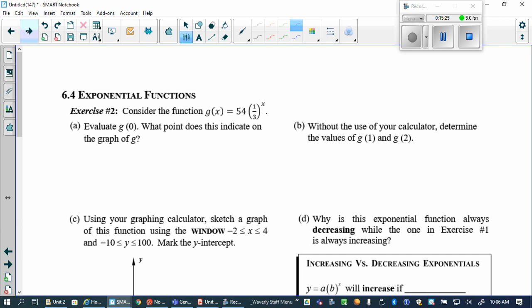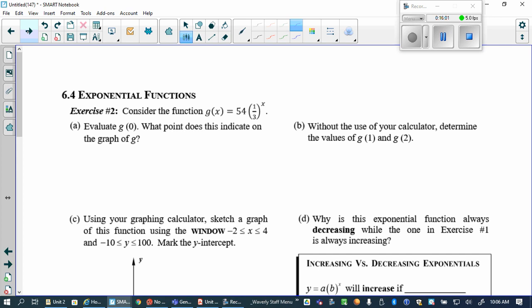Those were the intercepts. Where a graph crosses the y-axis, what is the value of x? 0. So in the equation, if I put a 0 in for x, the result is called the y-intercept, or the starting point.